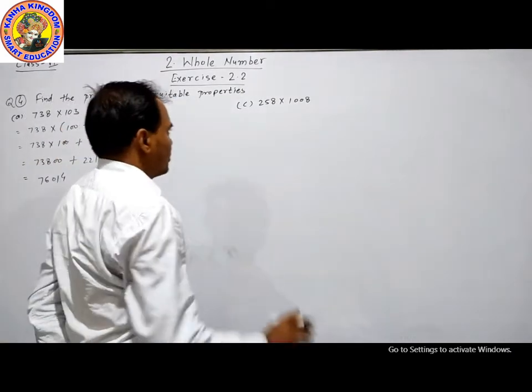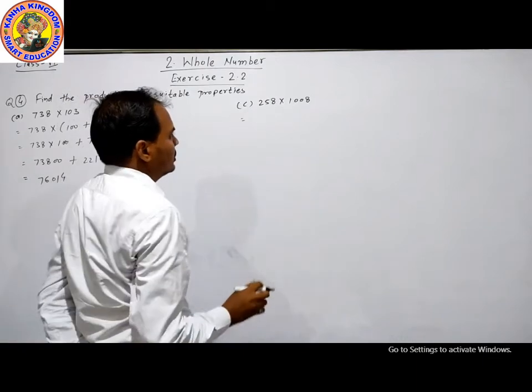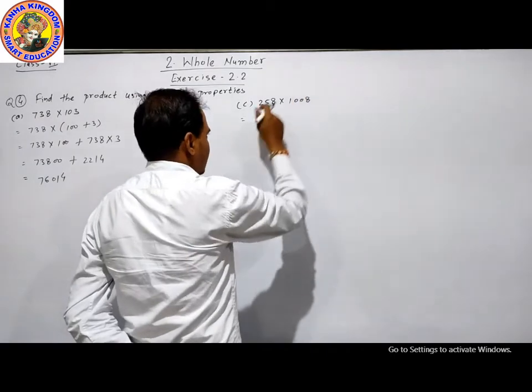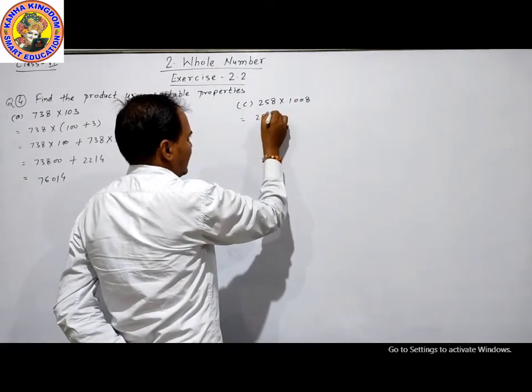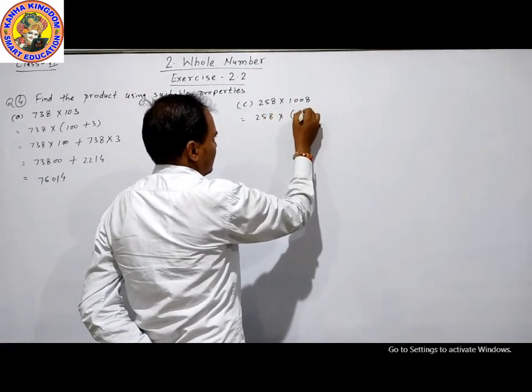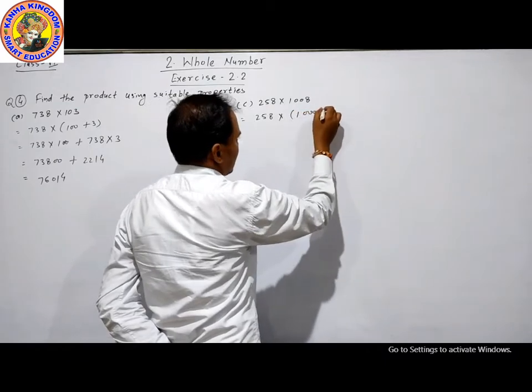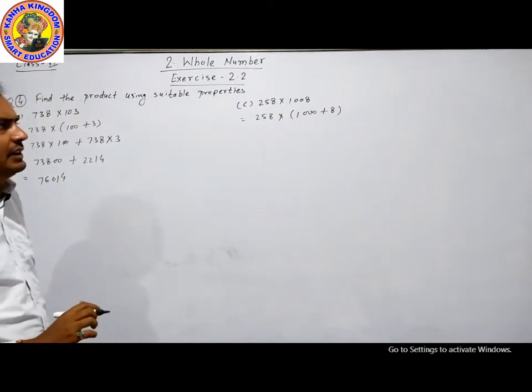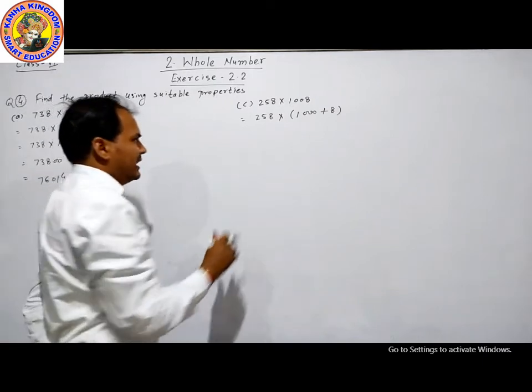Now taking another question. These are two numbers. We can easily break this number. So 258 multiply by 1008. 1008 will break into 1000 plus 8.